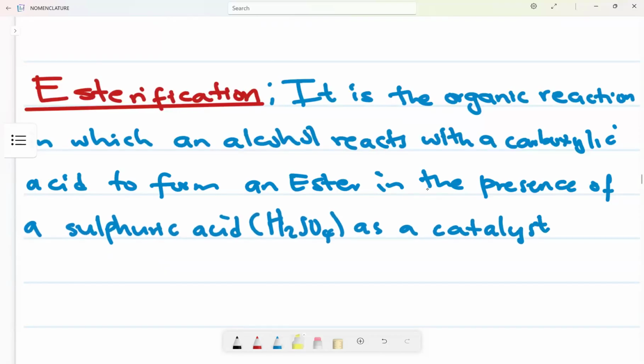What organic reaction in which alcohol reacts with carboxylic acid? The reaction condition to form a what? To form an ester, in the presence of what? Sulfuric acid as a catalyst.